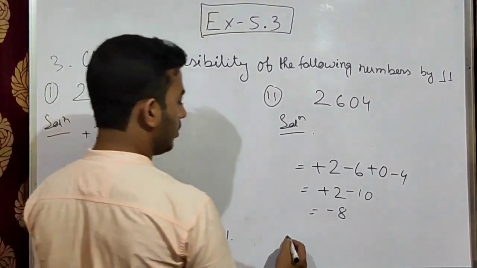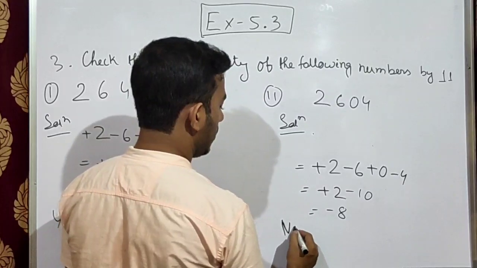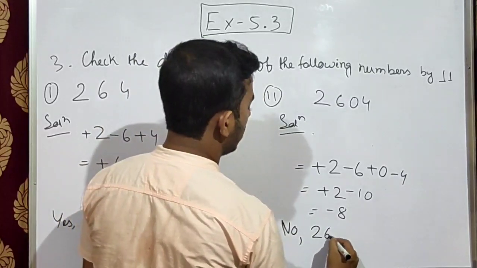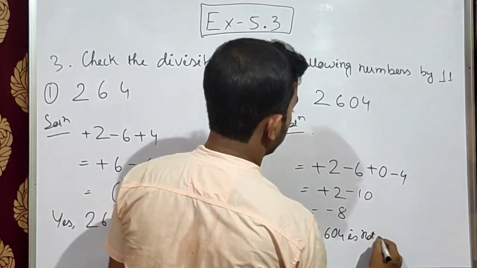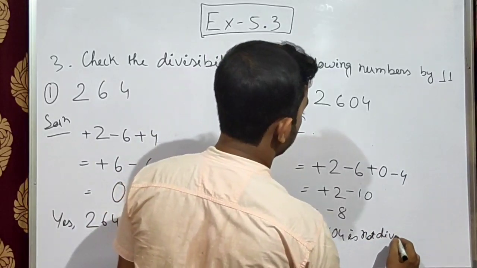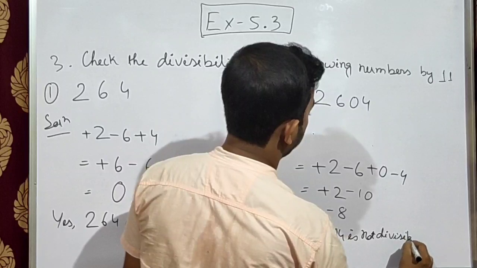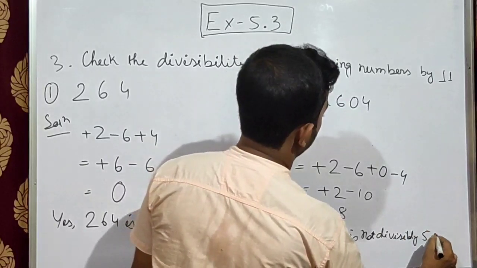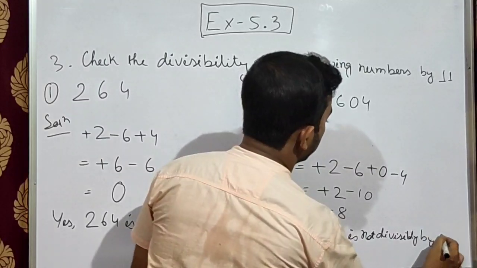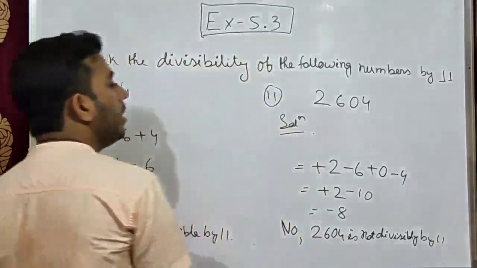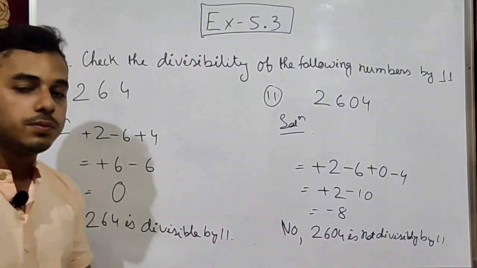So we will write no. 2604 is not divisible by 11. Up to this clear? Okay.